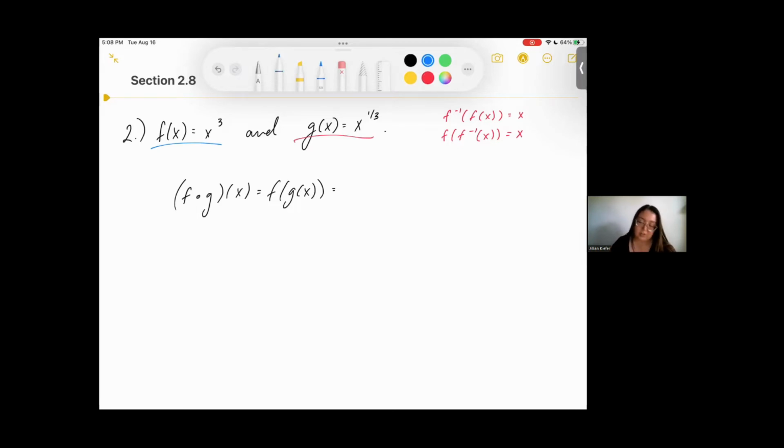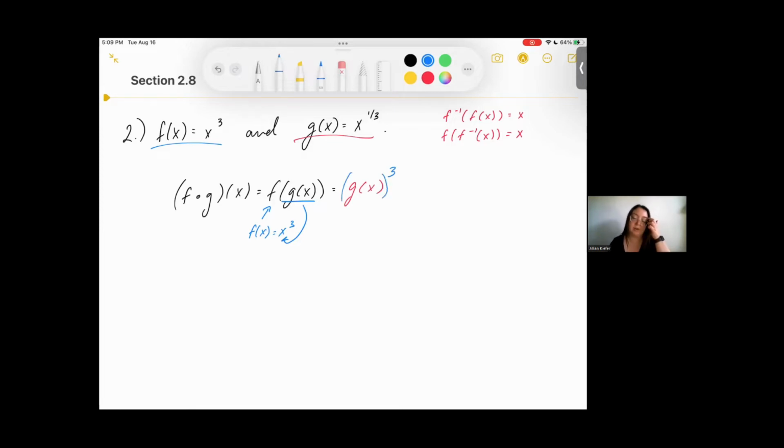So we want to start from the outside and work our way in. We know that f of x is equal to x to the power of 3. So we're taking our input, g of x, and we're replacing x with it. So within our function here, we're going to have g of x, which we know is going to be red, to the power of 3.